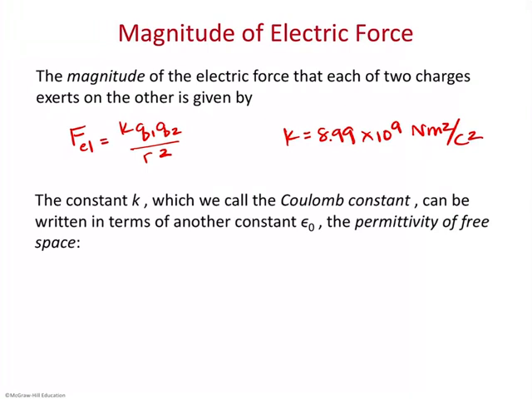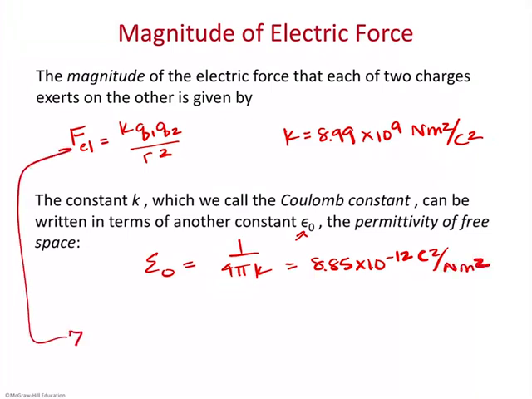Then they give you this permittivity constant. I'm going to go ahead and give it to you because you do end up needing to use it in later chapters. It's this weird symbol, an epsilon, which is 1 over 4 pi k. So 1 over 4 pi times Coulomb's constant is equal to 8.85 times 10 to the negative 12th coulomb squared per newton meter squared.